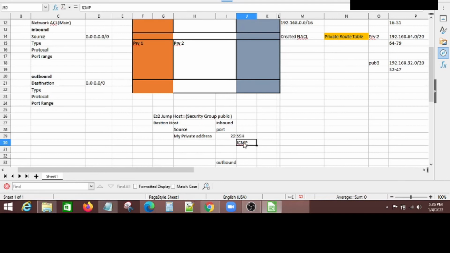I can ping from my local machine and see whether it is reachable or not.